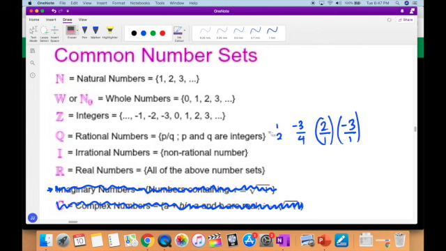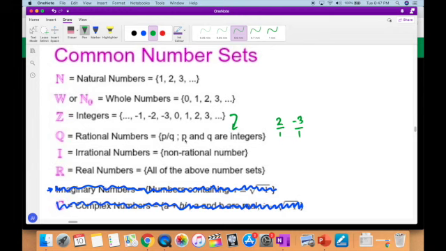Right? So all of your integers are inside of the rational number set. You have these whole numbers, all of them over 1. But then you also have other numbers that are not integers, like 3 over 4, for example, or 23 over 25.